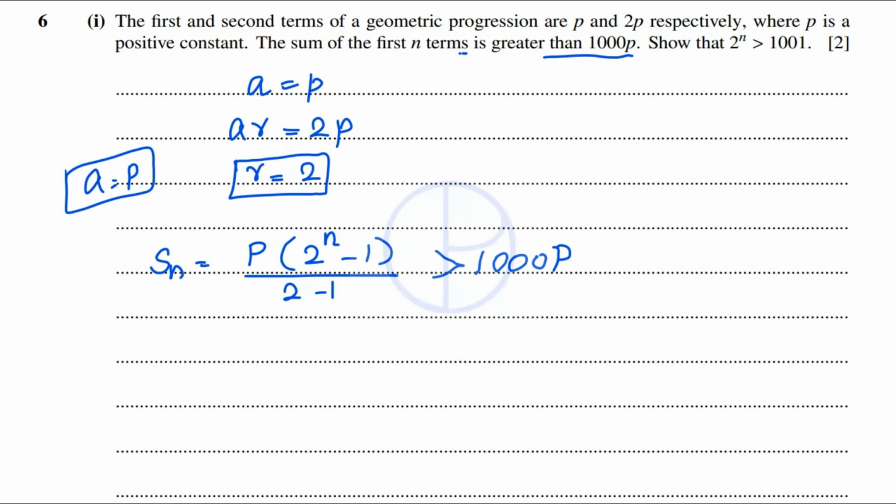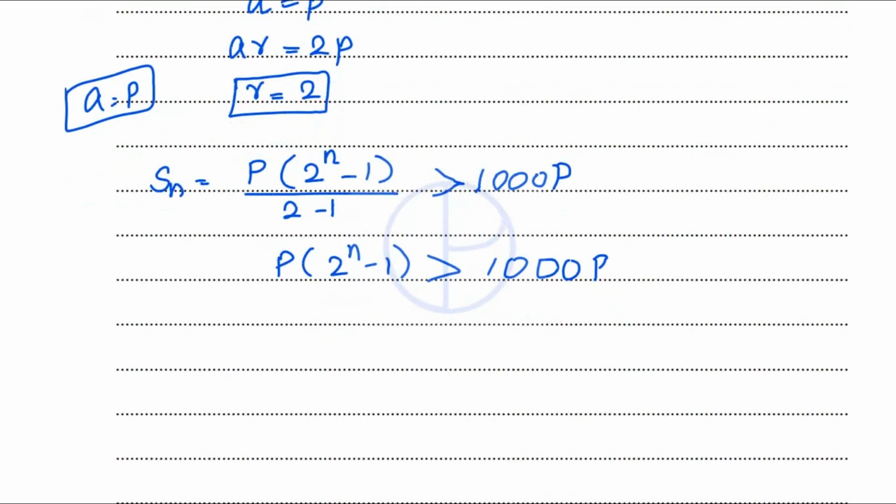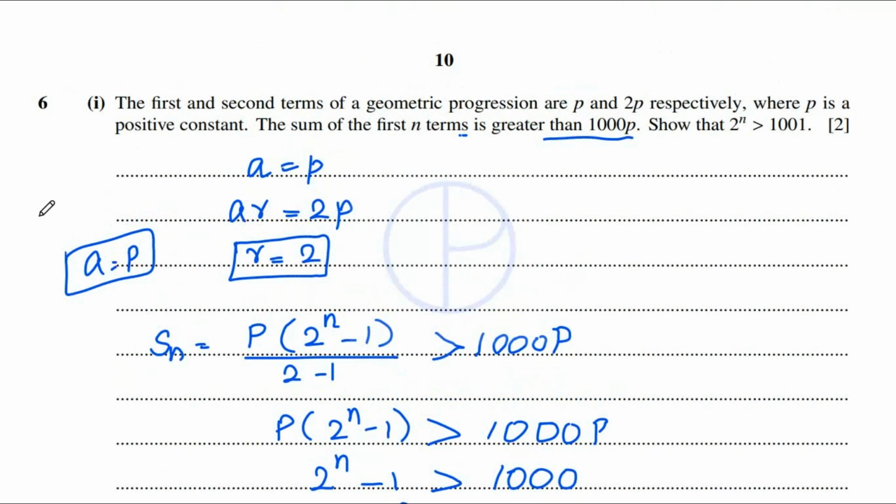Now let's simplify this. p multiplied by (2 to the power n minus 1) is greater than 1000p. Divide both sides by p. So we get 2 to the power n minus 1 is greater than 1000. Add 1 on both sides: 2 to the power n is greater than 1001. So we proved it.